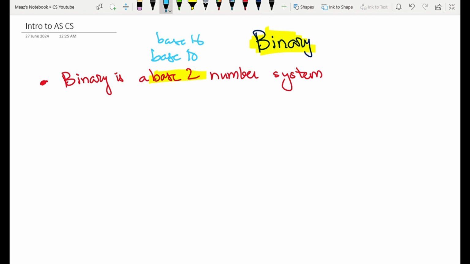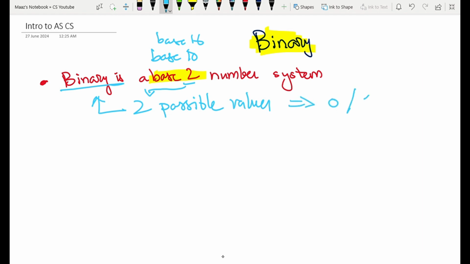There are basically 3 number systems which are used to represent data within a computer. Binary is the first one which we are going to be studying. By base 2, we basically mean that the binary number system only has 2 possible values, and those 2 possible values are either 0 or 1.